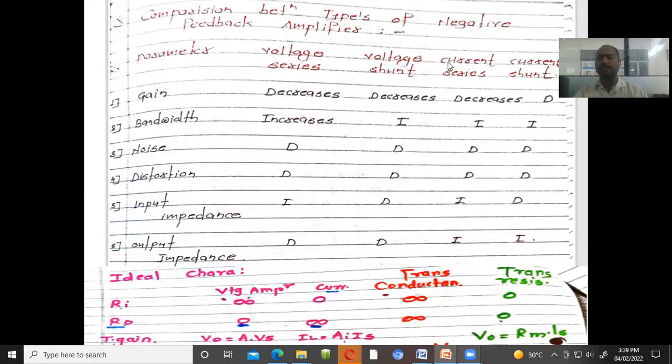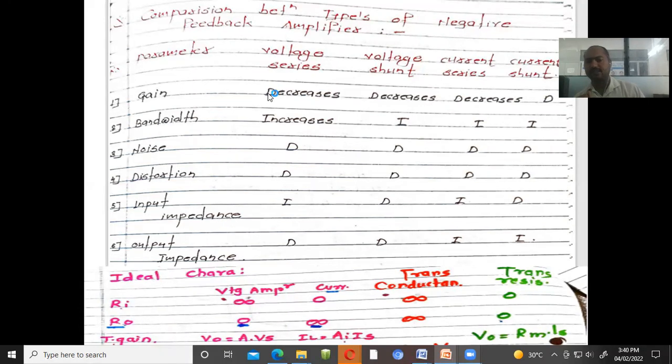In any of the amplifiers, whether voltage series, voltage shunt, current series or current shunt, applying feedback causes the gain of the amplifier to be reduced. Reduction is normally not acceptable, but with negative feedback it is acceptable. The reason is that when we apply negative feedback, the gain is stabilized. So with any type, the gain of the amplifier is reduced, but the gain is stabilized.